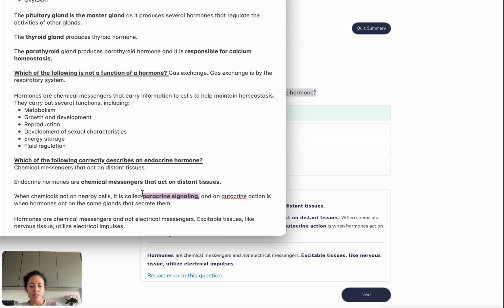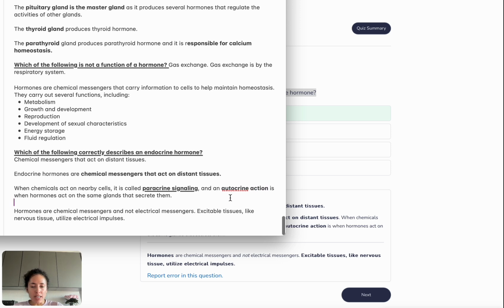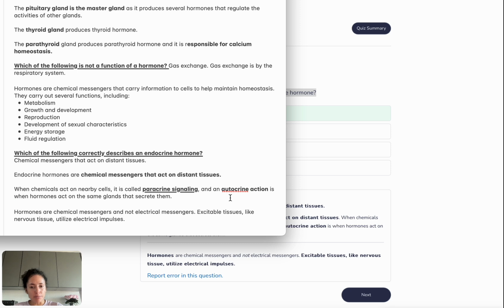So I really don't know that, so I underline it. Paracrine signaling. And an autocrine action, let's highlight that too, is when hormones act on the same glands that secrete them. So that's a really good one to know.